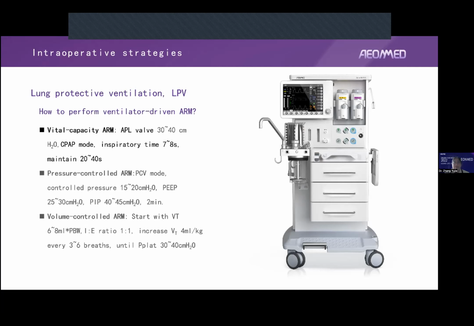So wait. Not yet. We will wait a couple of seconds to see whether we can get back to the clear one. I don't think so. There's probably something wrong with the connection.